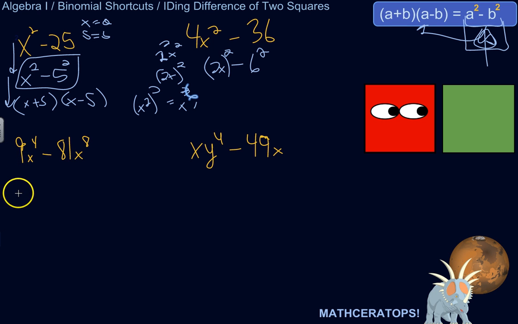First, let's rewrite the 9 as 3 squared. And then x to the fourth, we could rewrite as x squared, squared. So x squared to the power of 2 would be x to the fourth.